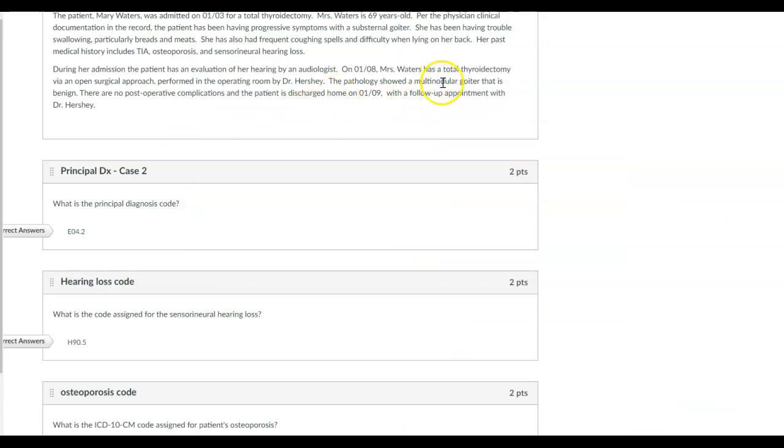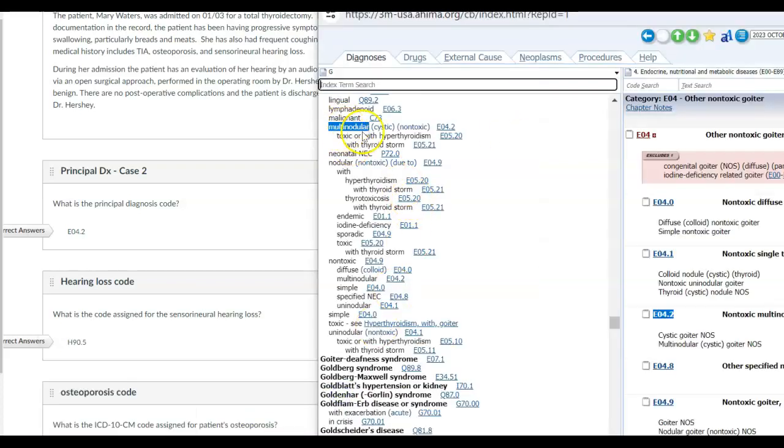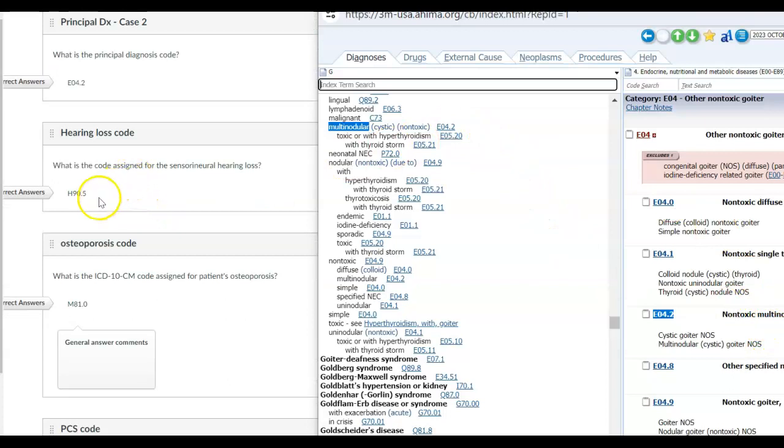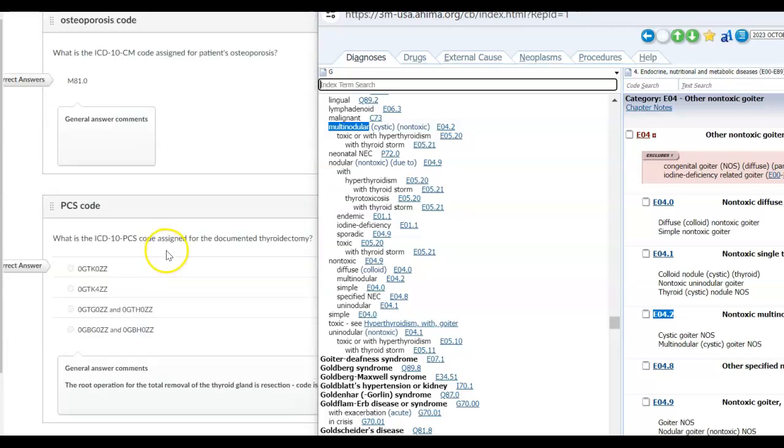It is multinodular, and that is benign. All right, so when I pull it up here, it's E04.2, so we're good there. We also, here's the code for sensorineural hearing loss, and then we have the code for osteoporosis.